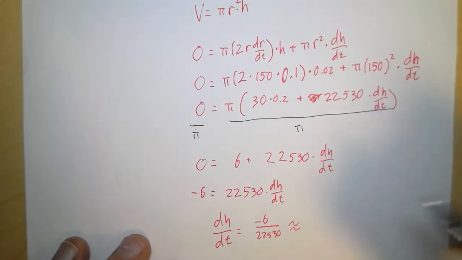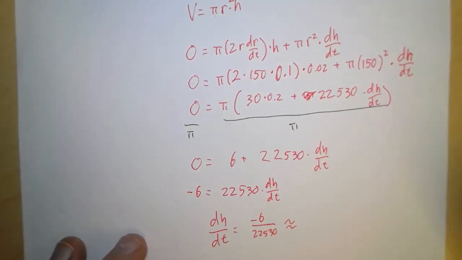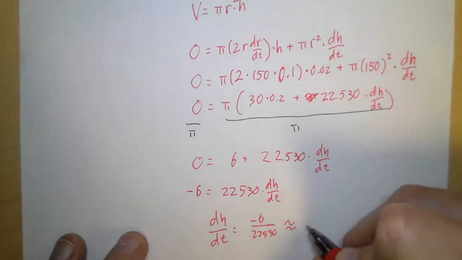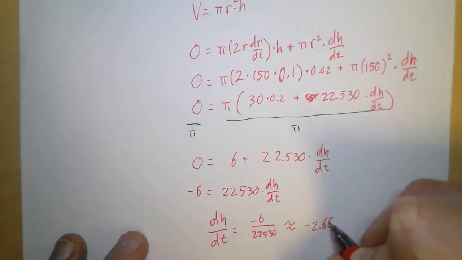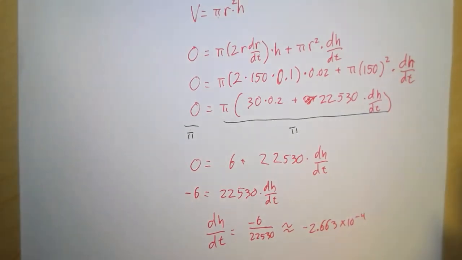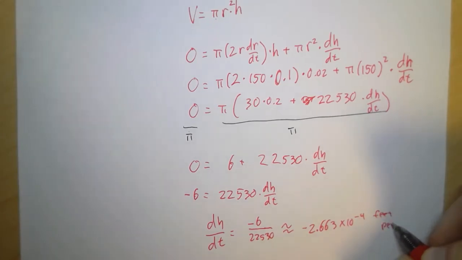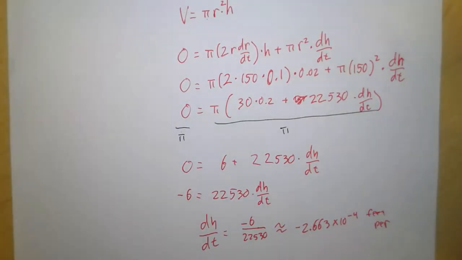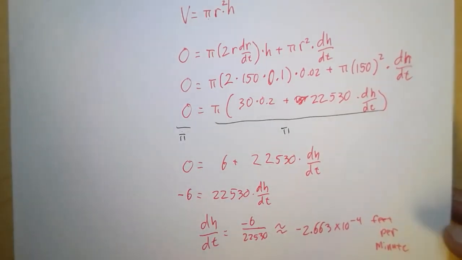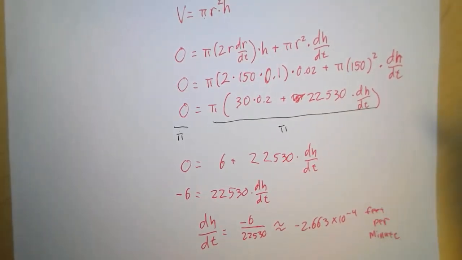That's an exact answer, or as an approximate, that's going to be negative 2.663 times 10 to the negative 4th. And the units of this are feet per minute. So that is how much our oil slick flattens out every minute, almost non-perceptible.